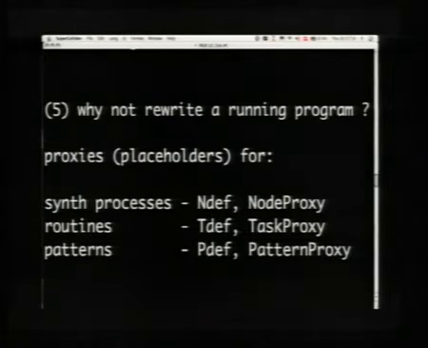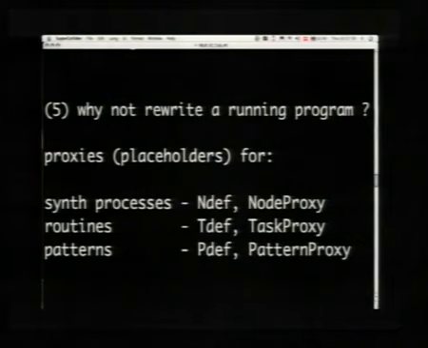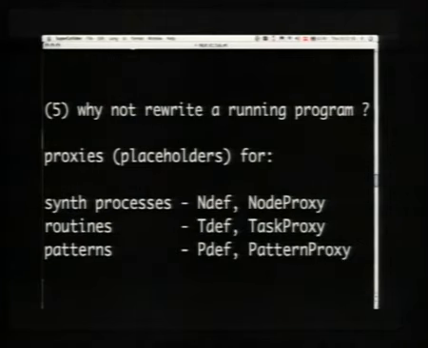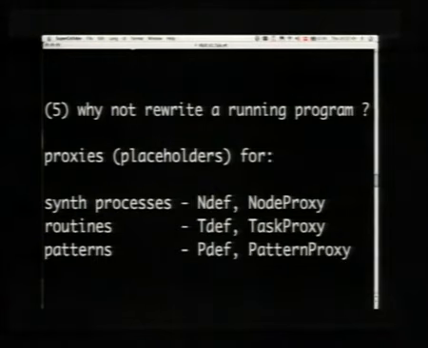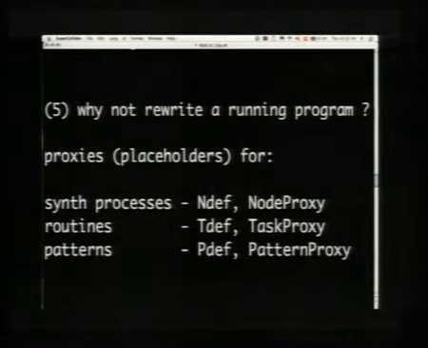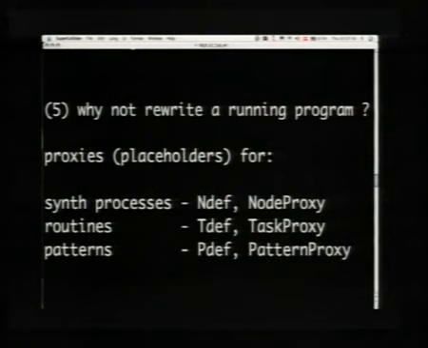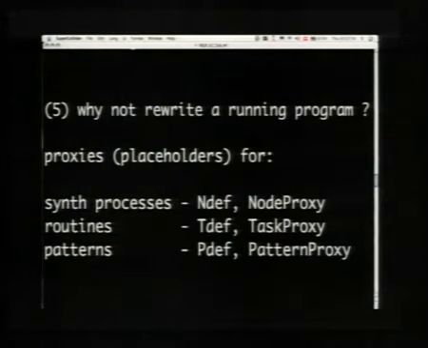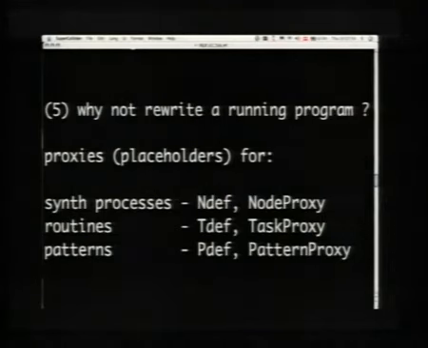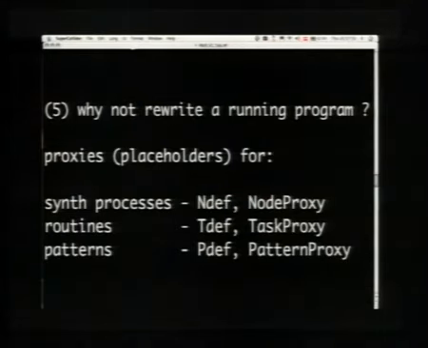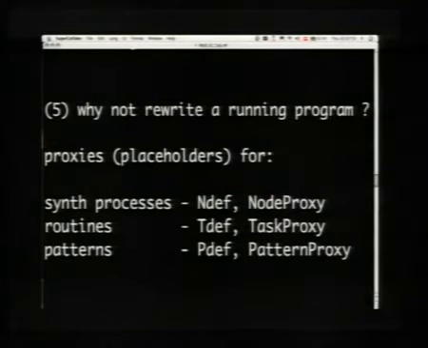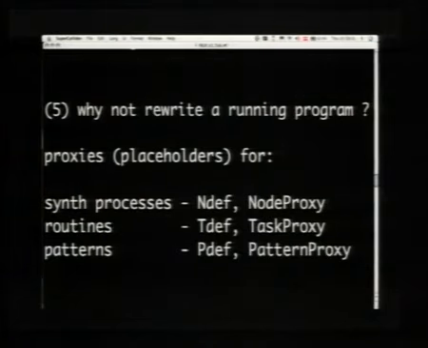Basically an Ndef is an abstraction for something that's running on the server, and a Tdef and a Pdef are things that are more client oriented, where you actually communicate with the node proxies or the Ndefs. What it makes you do is change a running process on the fly. That's the important thing about it.